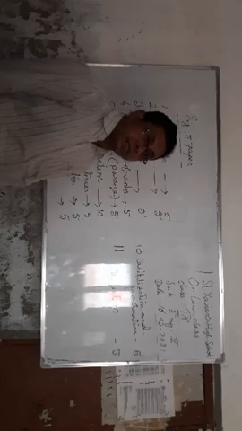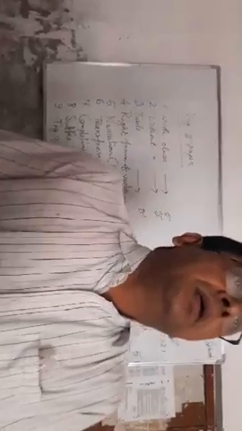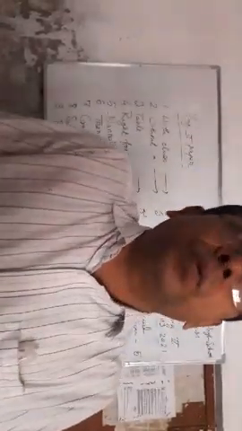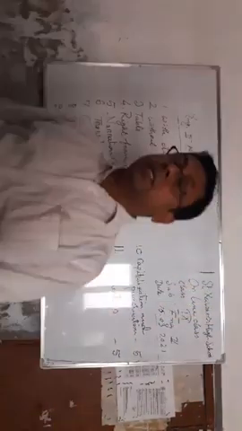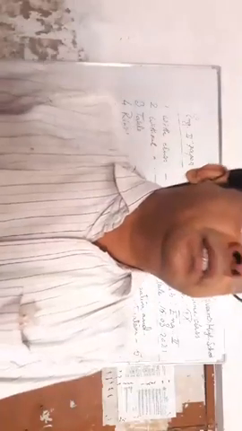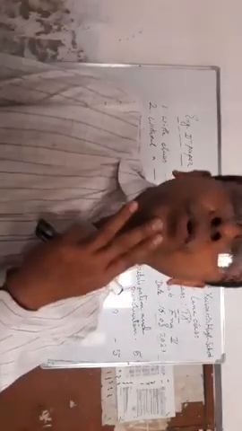Then suffix and prefix. You know, prefix is added to the starting of a word, and suffix is used at the end of a word. That means in Bengali, prefix is called upasarga and suffix is called anusarga.